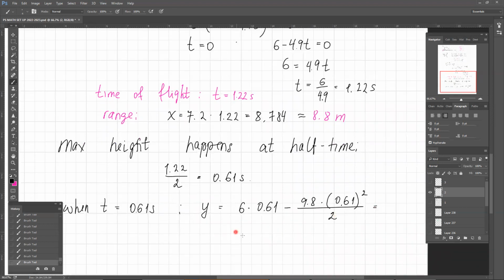Then you should proceed to use your calculator with caution and care, because it turns out that not many people can figure this out on the calculator. But then when you eventually do, you get the result of 1.83 meters. And that is the maximum height.